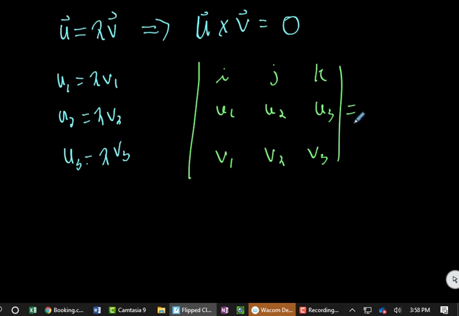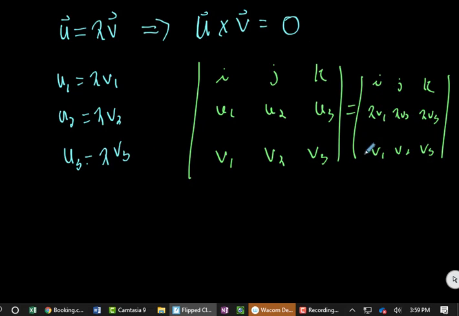We can do substitution right here. So this would be i, j, k, then lambda v sub 1, lambda v sub 2, lambda v sub 3, and then v sub 1, v sub 2, v sub 3. And now we can find what this is equal to.